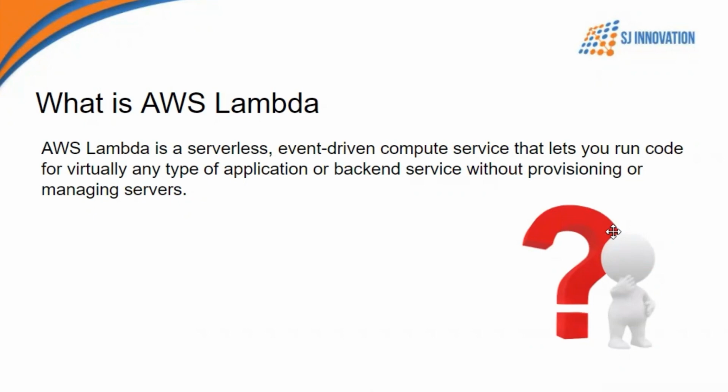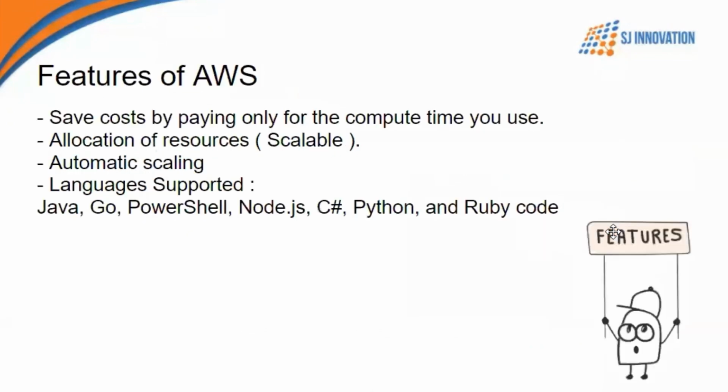I've given you a basic example of where we have to use it. The second topic is the features: what features AWS Lambda offers which make it better than other services. The first one is saving cost. Like I said, in the traditional method we had to buy an entire server for at least a month.